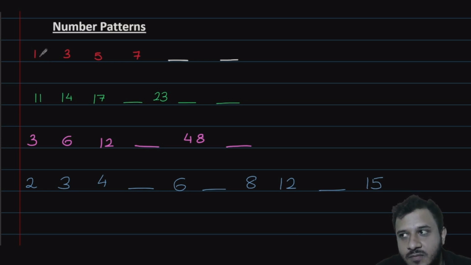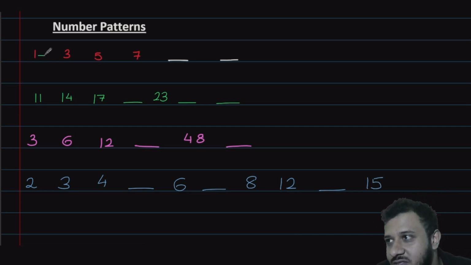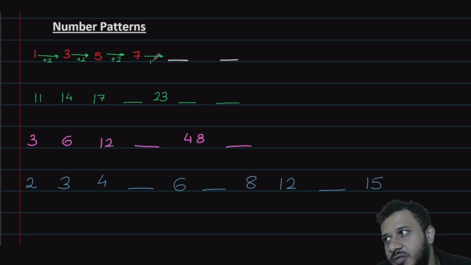Adding 2. Yes, it keeps on going up by 2, plus 2, plus 2, plus 2. So from here to here it's a plus 2, so it's going to be a 9 here. From here to here it's a plus 2, so it's 11 here.